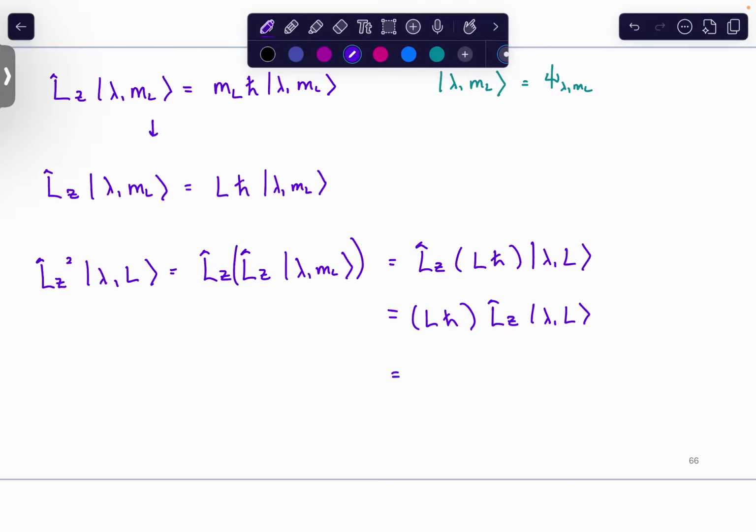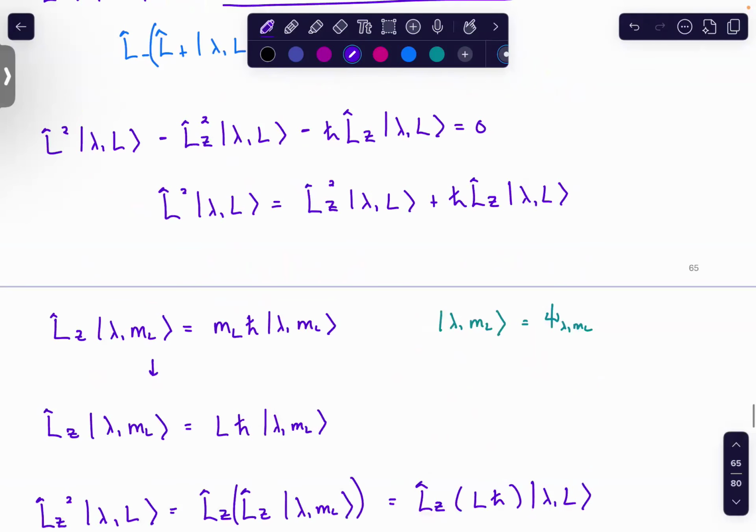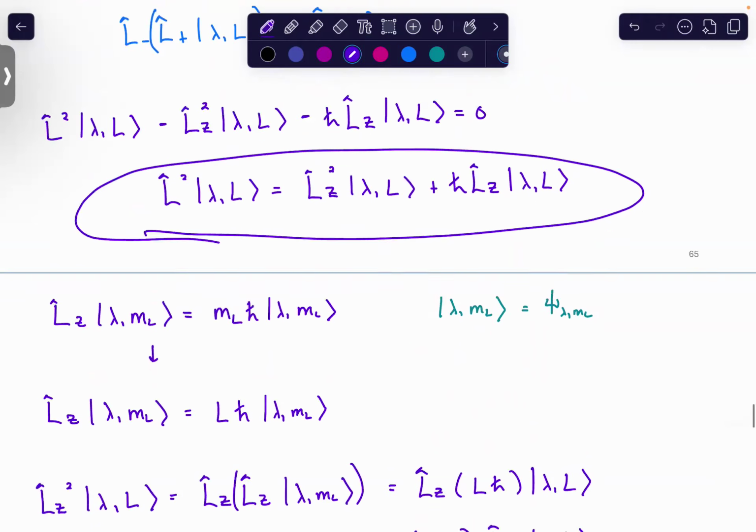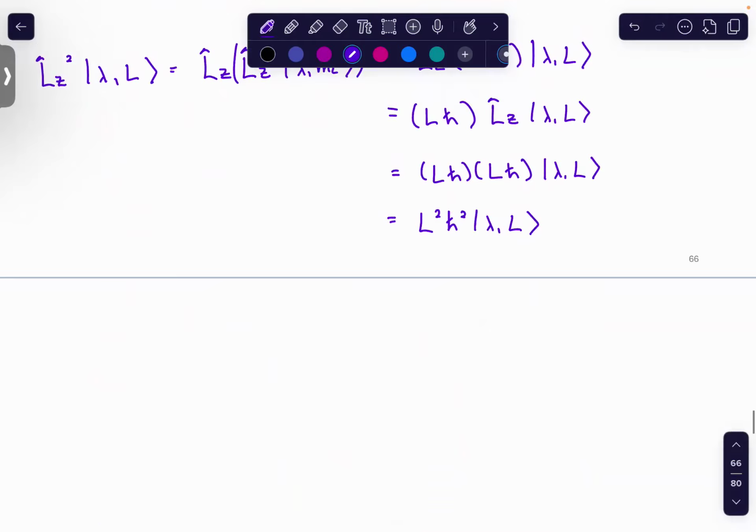And this is going to leave us with L h bar times L h bar. All right. So we're going to go back to this function there, and we're going to plug in our new values. So now we're going to have our L squared.